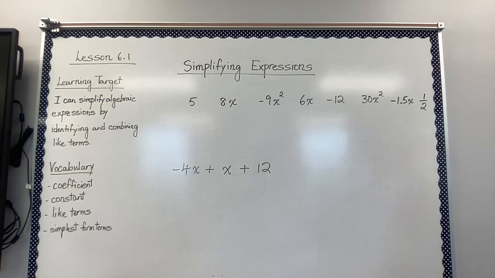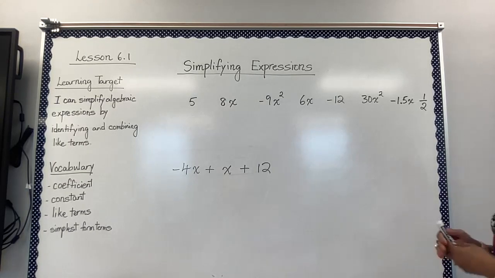And like terms contain the same variables to the same power. For example, if I have 3x squared and negative 7x squared, these are like terms because the variables and the exponents are exactly the same.